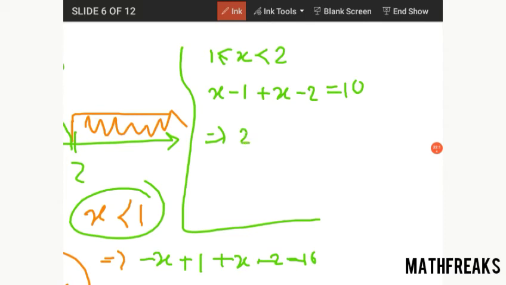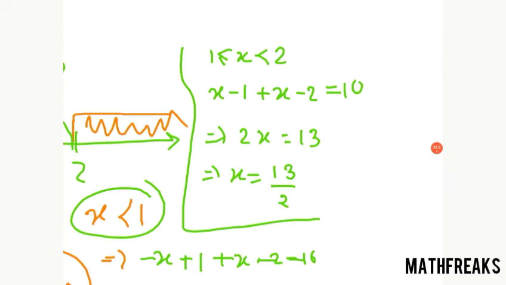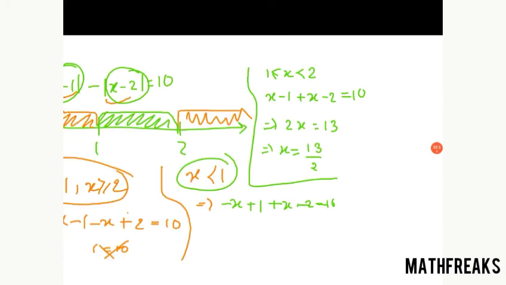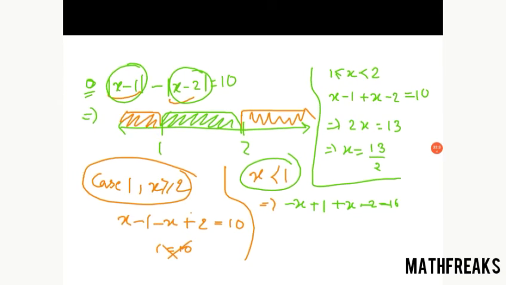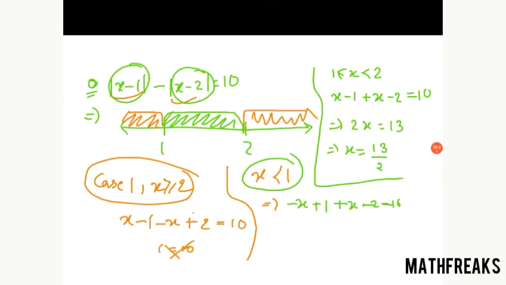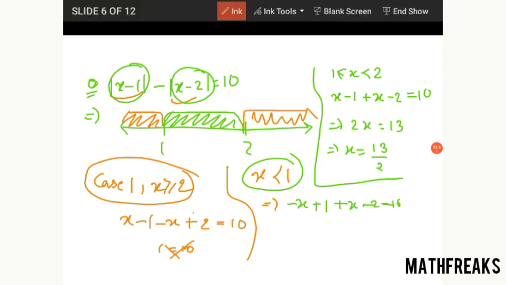So 2x is equal to 13, which implies x is equal to 13 by 2, correct? I hope that you understand this one. Since x belongs to 1 to 2, the first mod will always be positive and the second mod will always be negative.